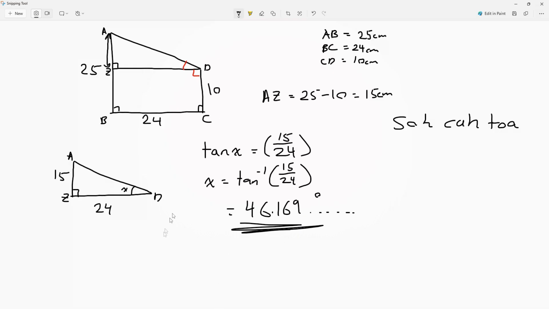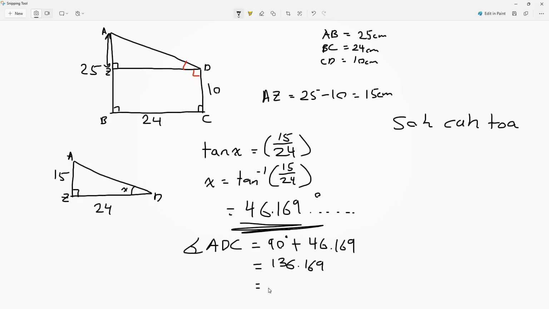Now, because we want to find this angle, we need to find angle ADC. So angle ADC is equal to 90 degrees, because of this angle, plus the angle we just found, 46.169, and then we'll get 136.169.